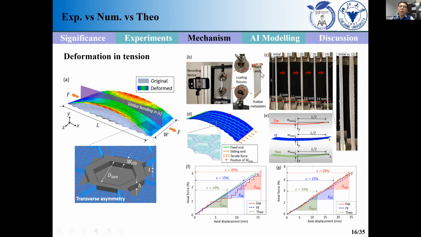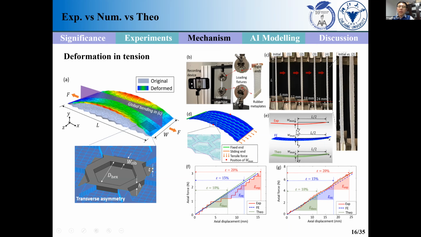And so we used rubber to fabricate this plate and applied axial loading in tension to see the deformation. So we can see from this figure that, comparing to the initial shape, we do have this out-of-plane bending performance.